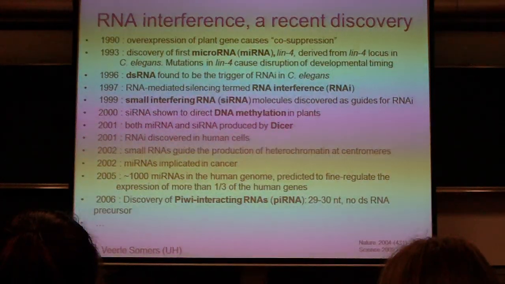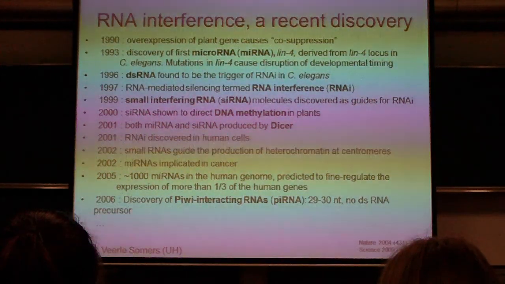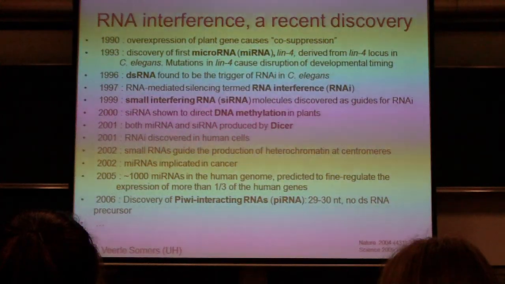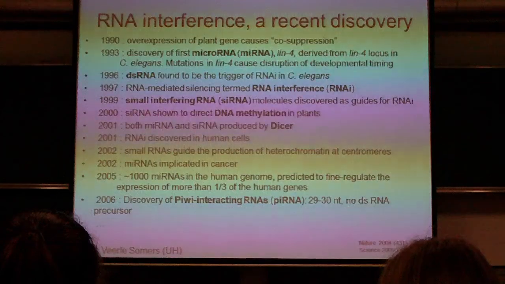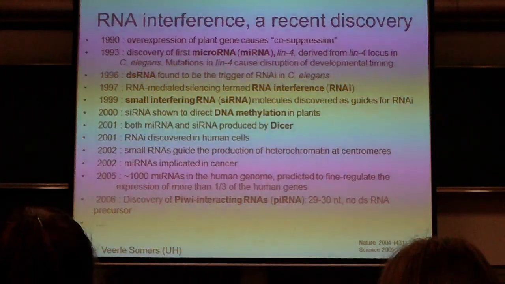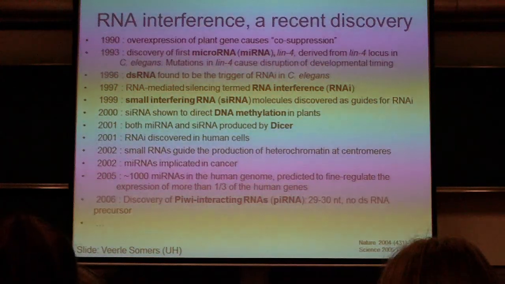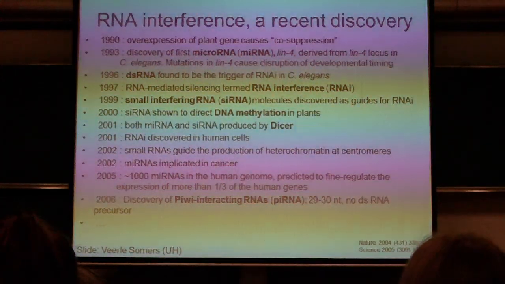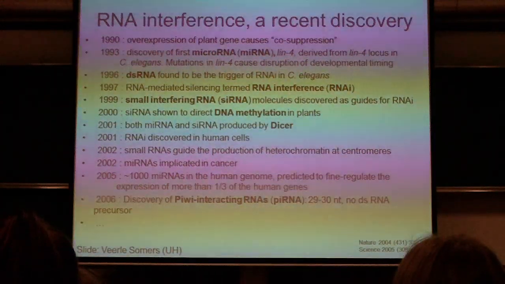The term RNA interference was introduced in 1997. Then in the years after, we discovered that RNA interference can be very broad. For example, mammals have microRNAs, but plants also have microRNAs, which are small endogenous RNA molecules, so encoded from normal genes, but I'll come back to that.